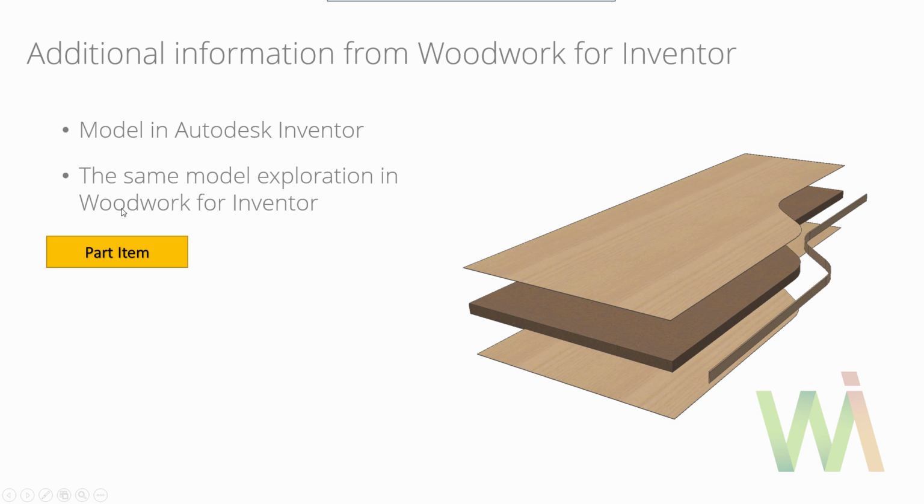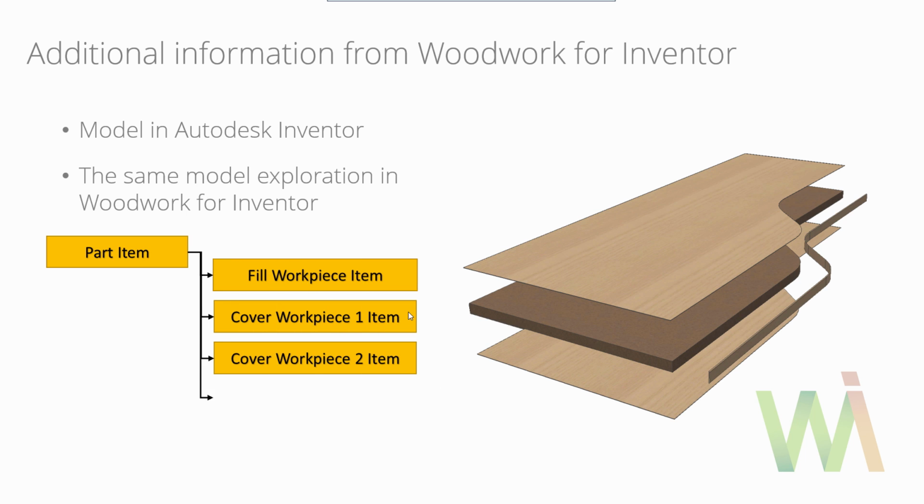As you can see, the same model exploded in Woodwork for Inventor should be presented this way. We have the veneer on the top layer, the core material, the edge banding and the veneer on the back side, and all of them together form our part.